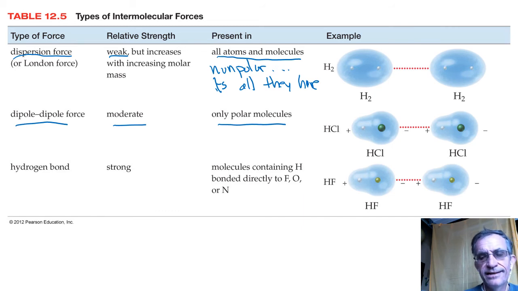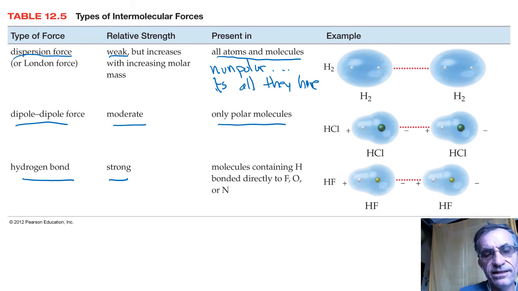All right. Now, the strongest of all is hydrogen bonding. Hydrogen bonding is the strongest, so it's going to keep neighboring molecules the most closely connected, the strongest connection between neighboring molecules.